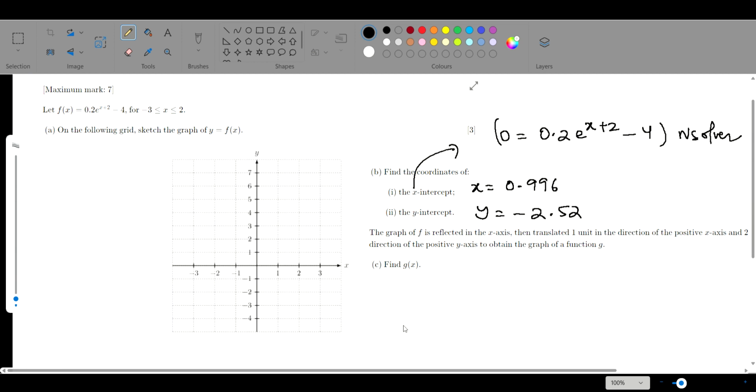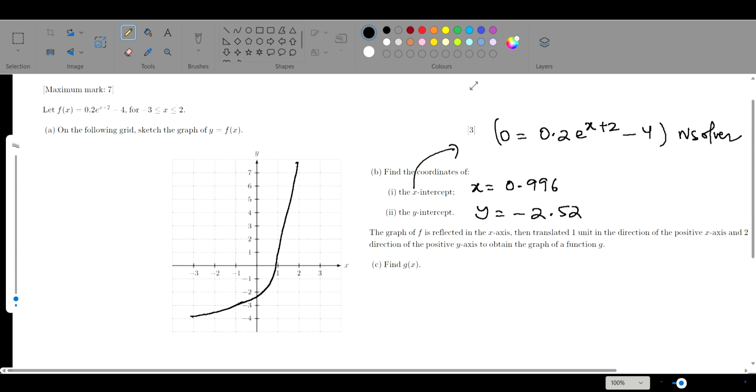So if you want to draw the graph, it looks something like this, coming to 0.52, and I will cross it like this.